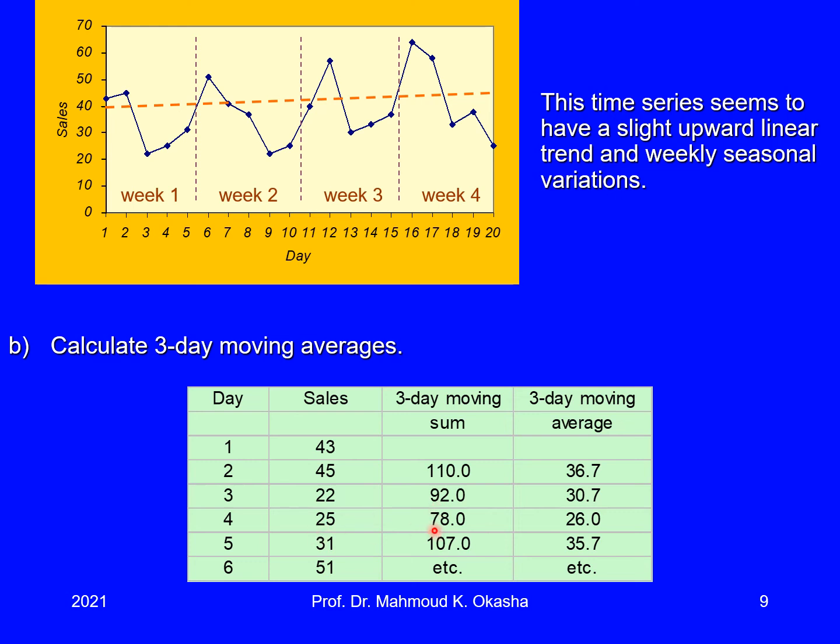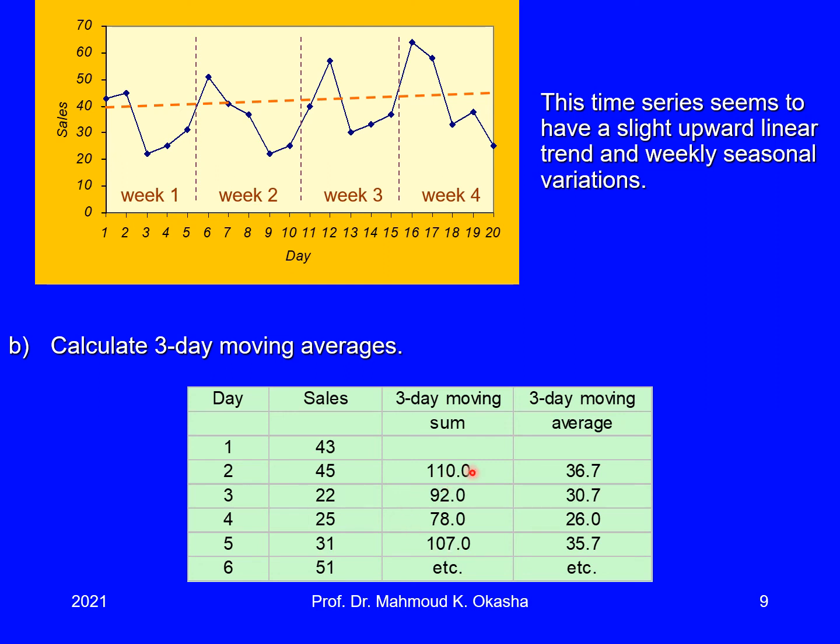The third group is 22 plus 25 plus 31 equals 78. And so on. The fourth is 35 plus 31 plus 51, which is 107.